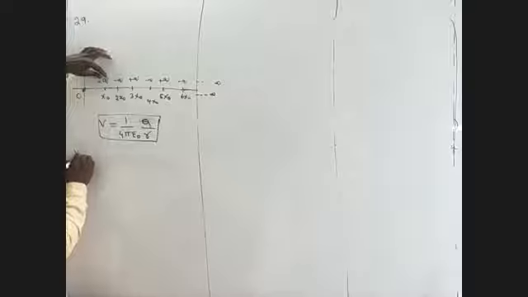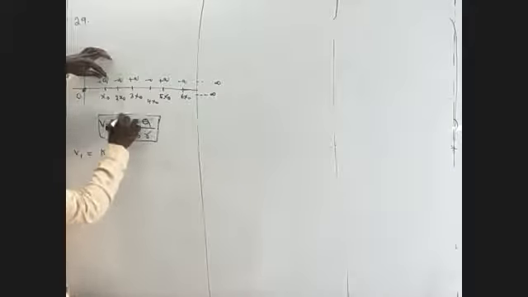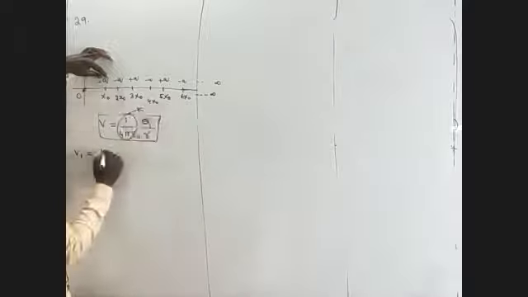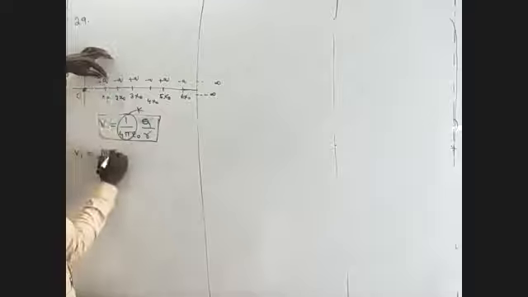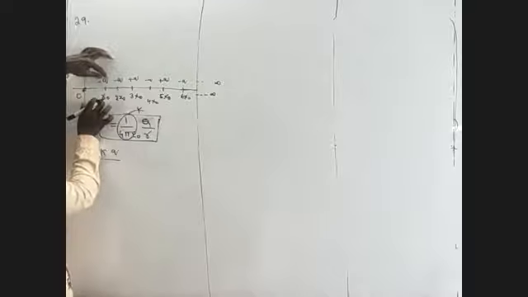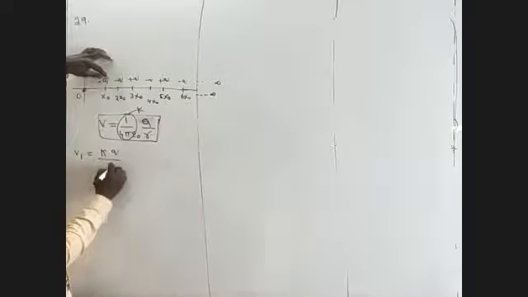V1 is equal to K Q by x naught, since the charge is positive and the distance between the origin and this point is x naught.